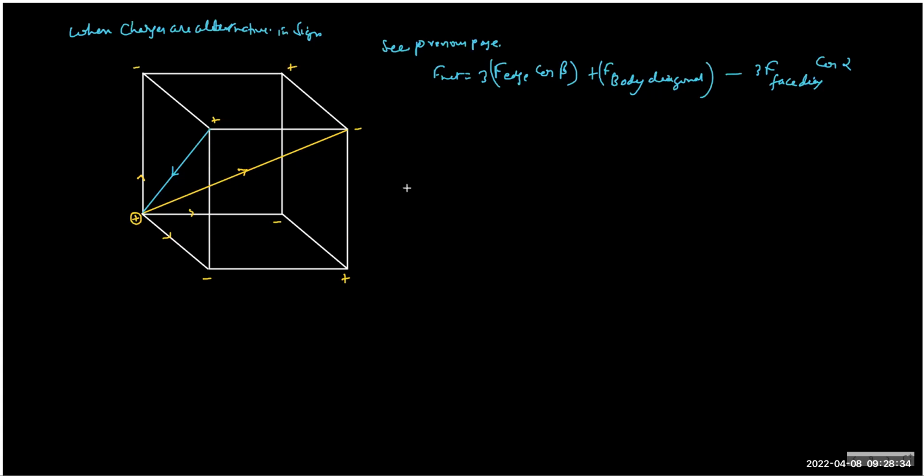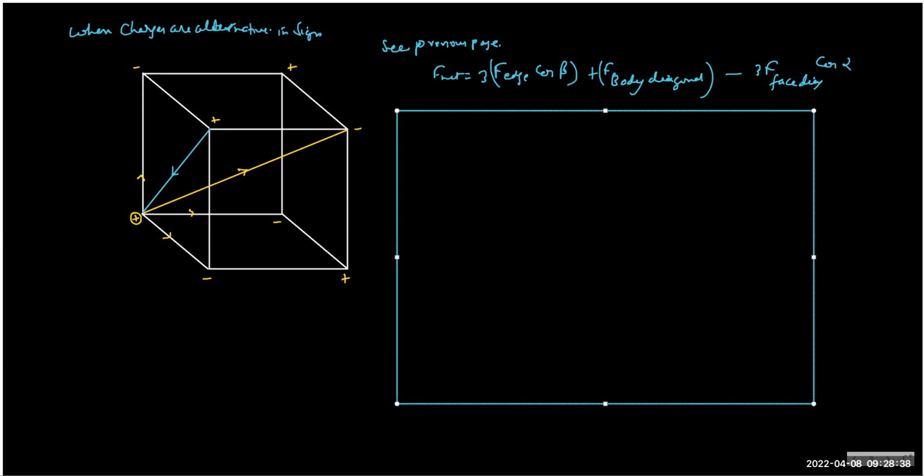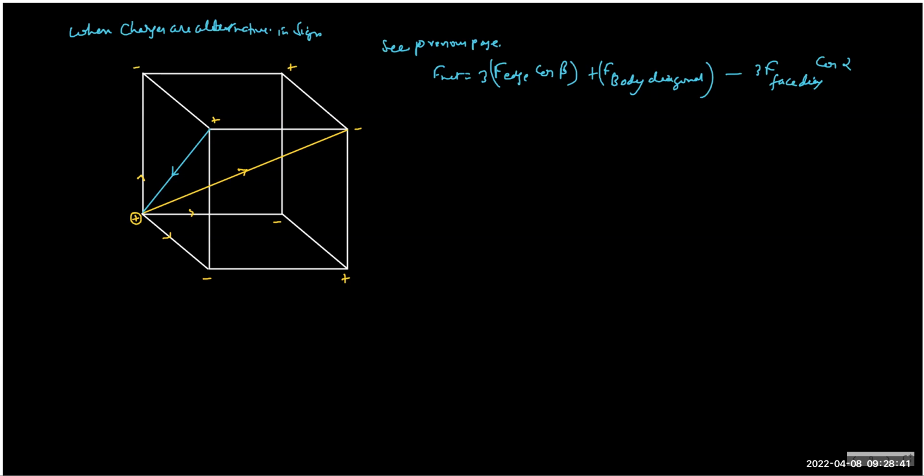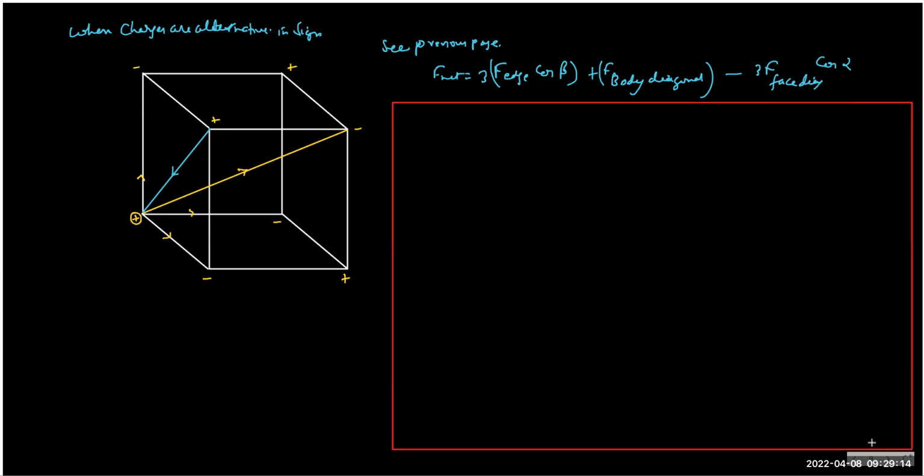So this is the question we need to know. You can do one more problem here. Let's say if I give you a question like this, we have two equilateral triangles.